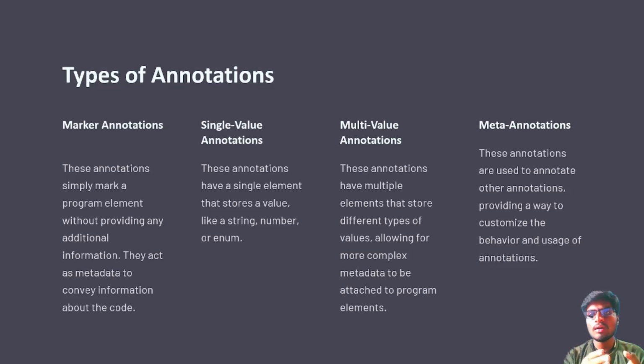We can add more meta descriptions like two to three arguments, or we can say the elements or values we can pass in multi-value annotations. Meta annotations are used to annotate other annotations, providing a way to customize the behavior of the usage of the annotations.